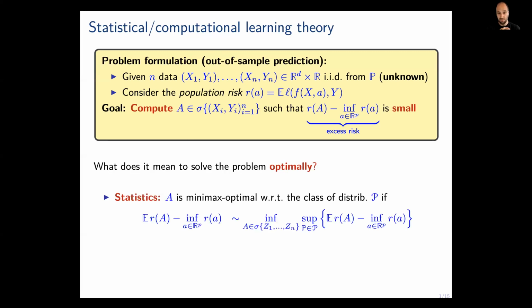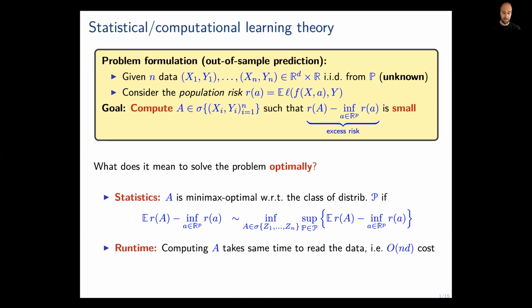From a statistical point of view, a fruitful notion is given by the minimax notion of optimality: the best predictor function of our data, Z here is the pair of X and Y's, over the worst case possible distribution P in a family of distributions. And from a computational point of view, of course, the benchmark, what we would like to achieve, is being able to compute an estimator in a time linear or quasi-linear with the size of the problem.